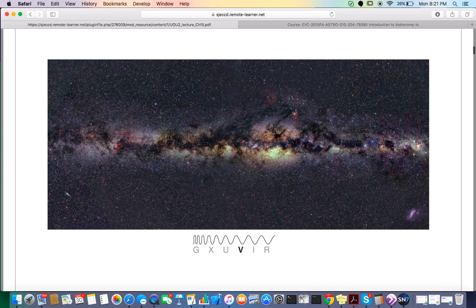These dark lanes indicate the presence of dust, and dust can only exist if the gas that allows for condensation to take place, in fact, for crystallization of dust to take place, has sufficiently low temperature. And if the gas has sufficiently low temperature, then star formation can take over, and it can be a regular process in that galaxy.